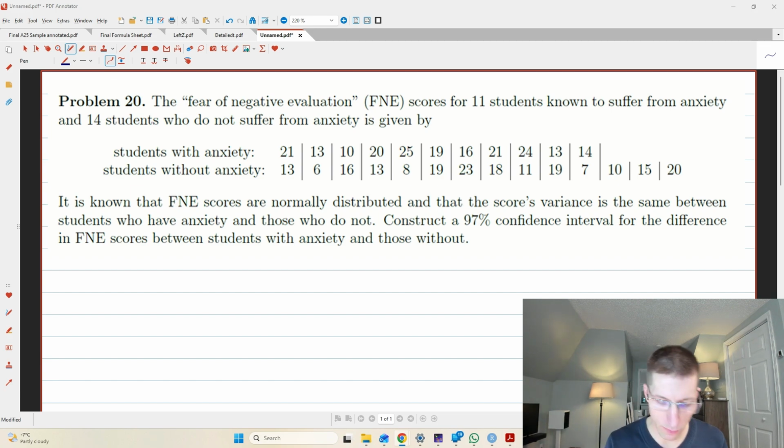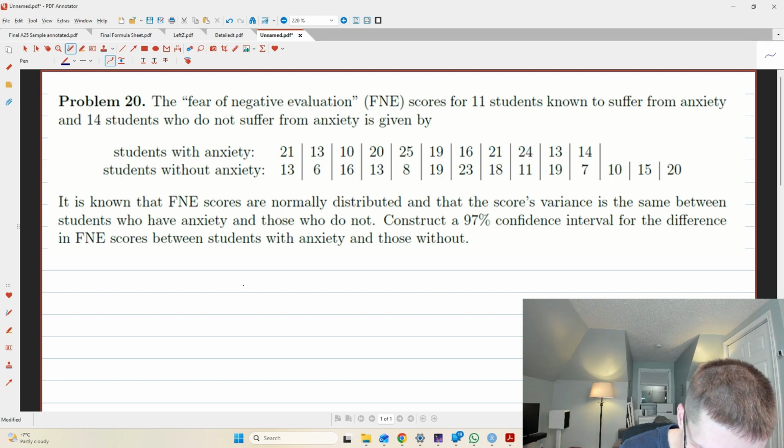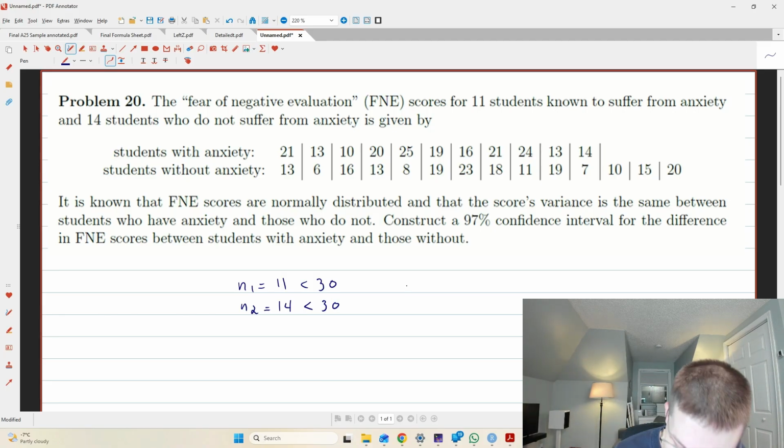So here we've got N1 is 11, which is small, and N2 is 14, also small, less than 30. The variances are equal but unknown.